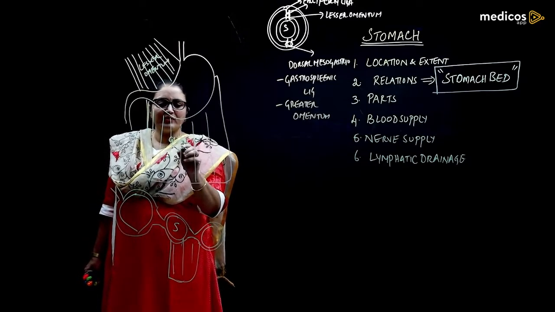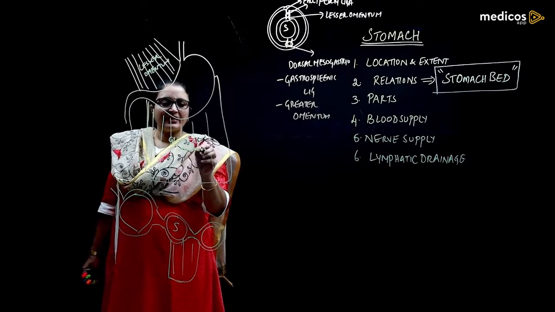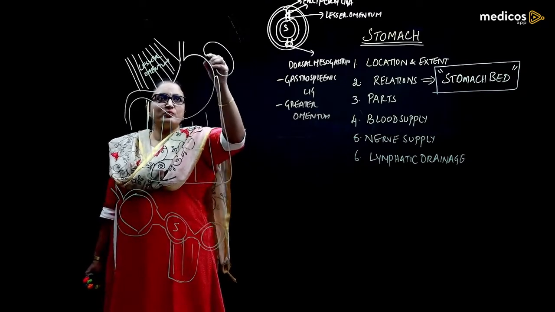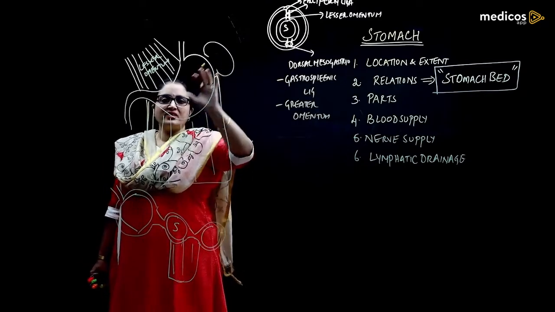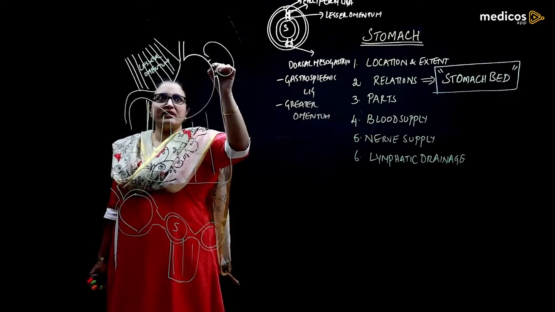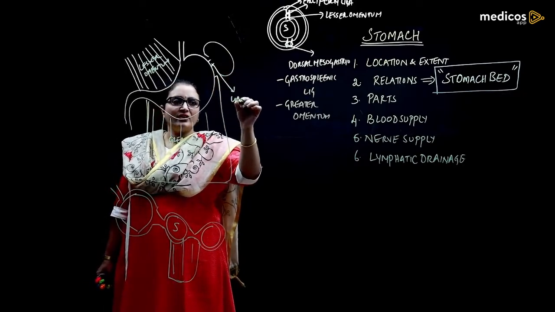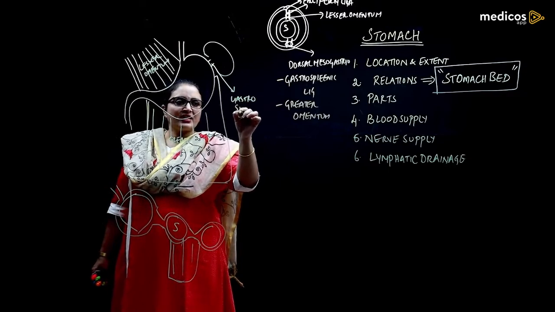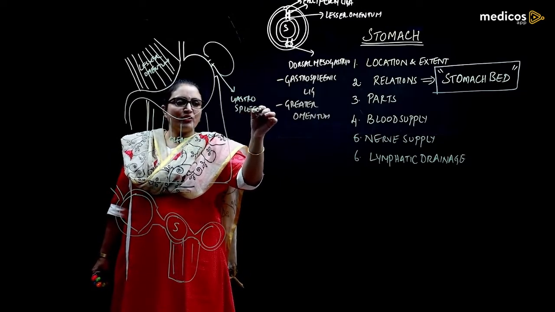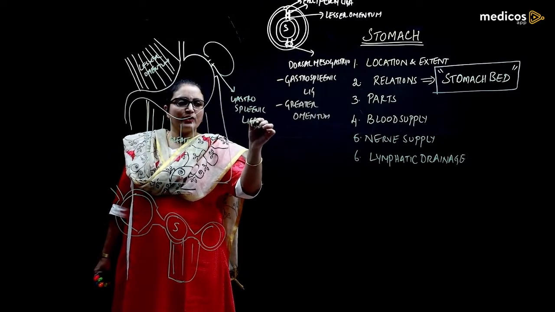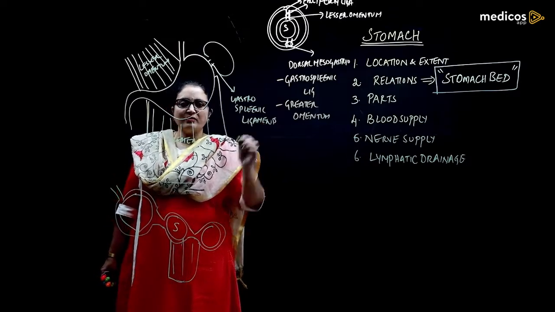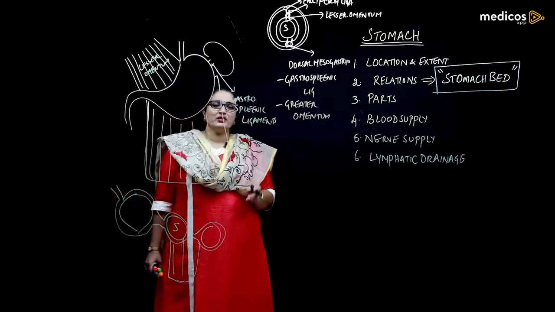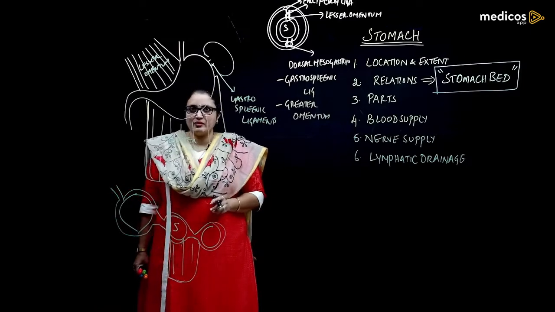Connecting the spleen with the stomach, you have the gastrosplenic ligament. So, if you are asked what are the peritoneal folds attached to the stomach, you need to write lesser omentum, greater omentum, the gastrosplenic ligament.